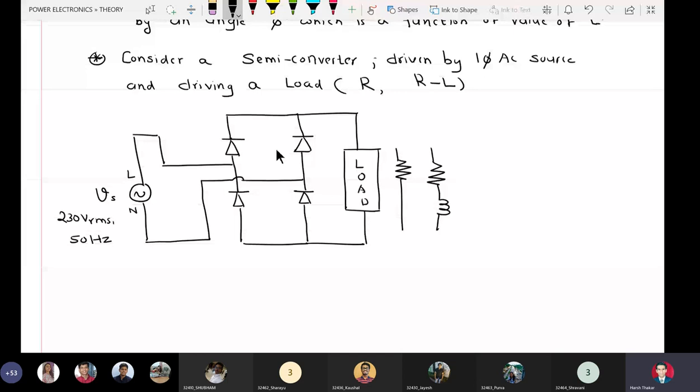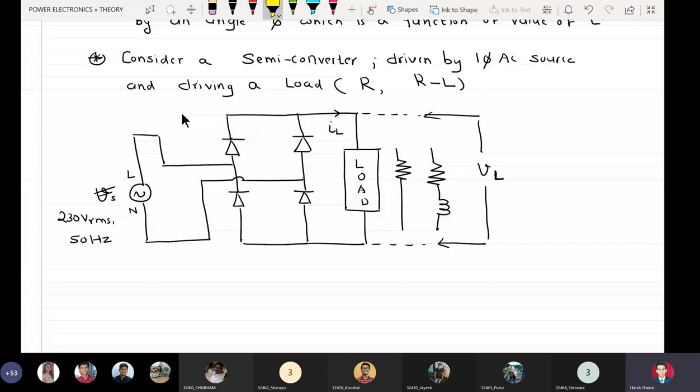Okay, this is my load current IL, and load voltage VL.